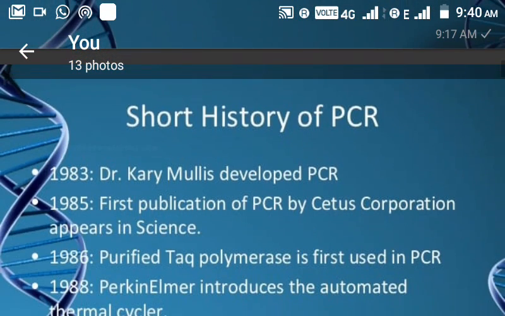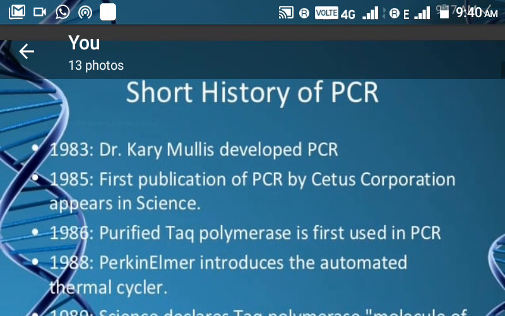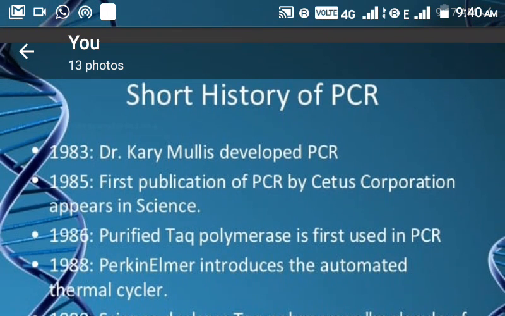Now before moving ahead, it is important to study a brief history of PCR, how PCR was developed and who developed it. In 1983 Dr. Kary Mullis developed PCR. Students, I strongly recommend that you remember at least some scientist names in the field of biotechnology, because in competitive exams they ask who developed which instrument, which hypothesis, which principle.